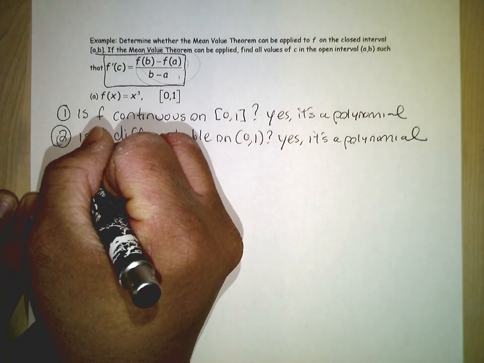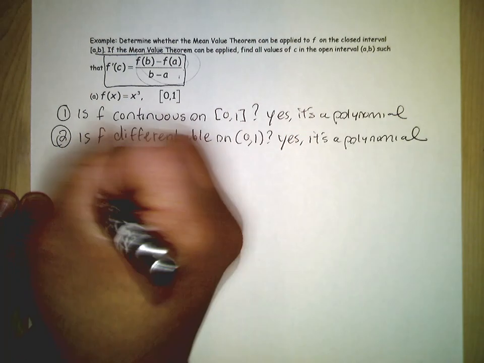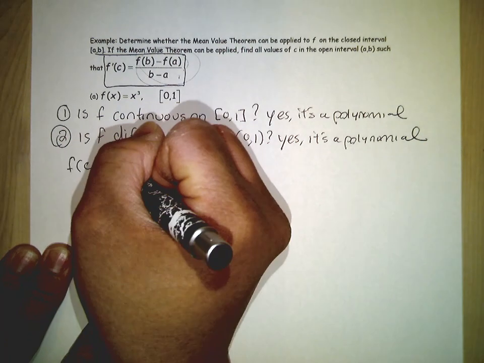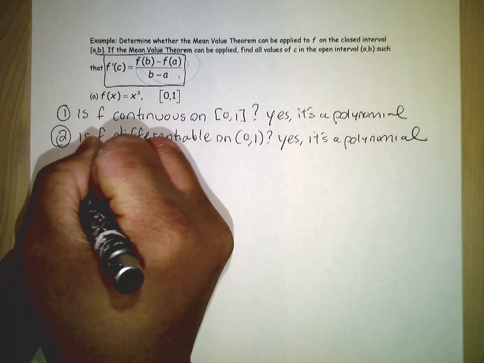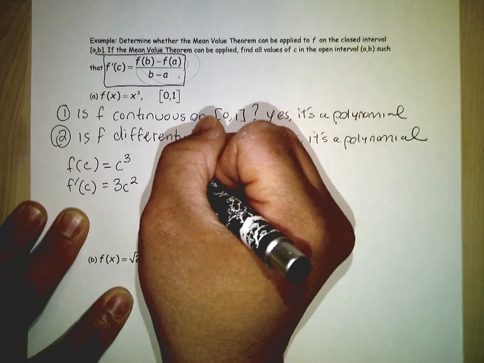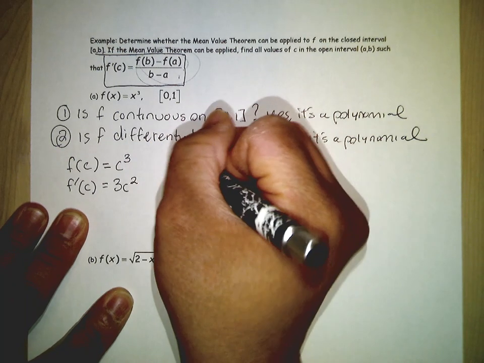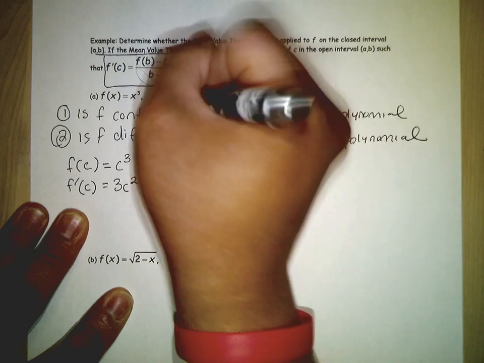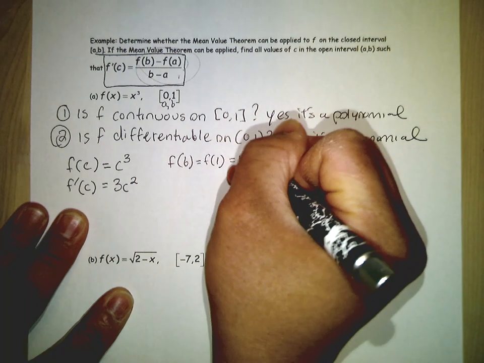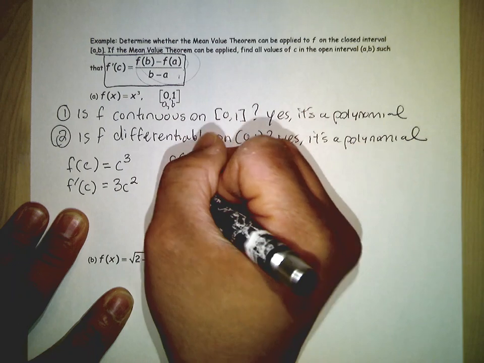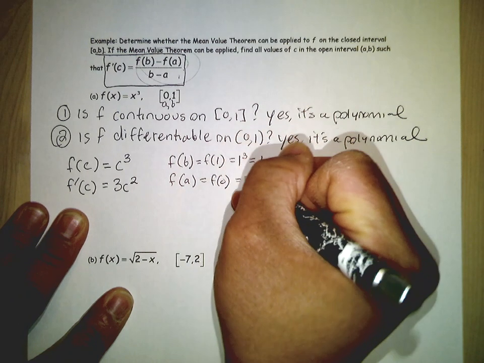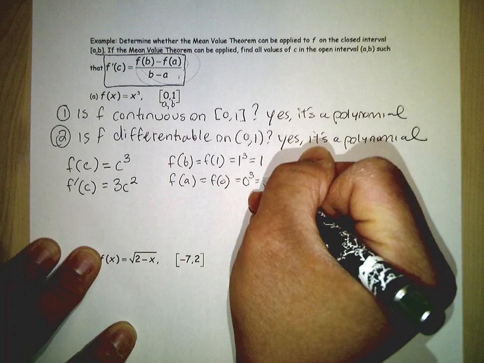All right, so we have, let's see, f of c is c to the third. F prime of c is 3c squared. F of b would be, well, remember, this is a and b, so f of 1, so that's 1 cubed, 1. And f of a will be f of 0, which is 0 cubed, which is 0.